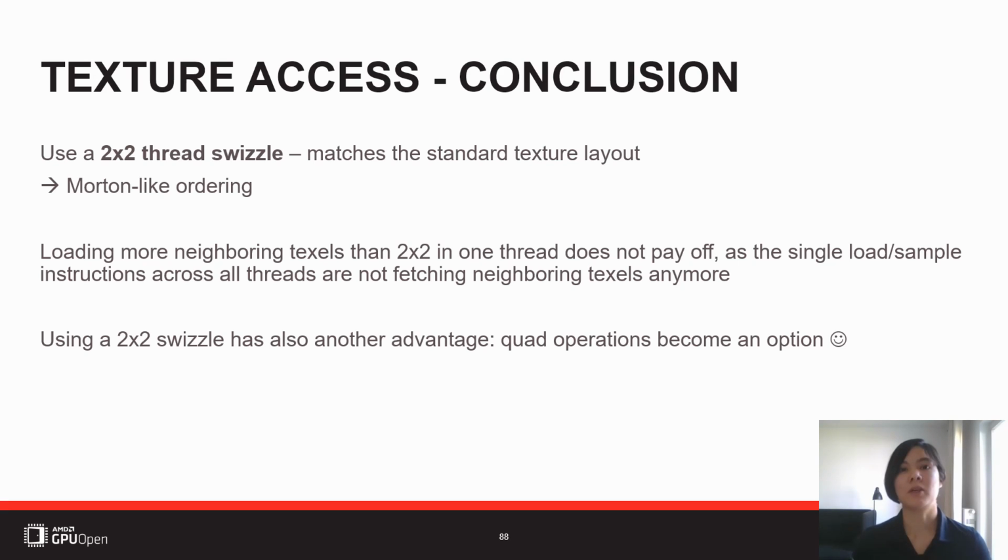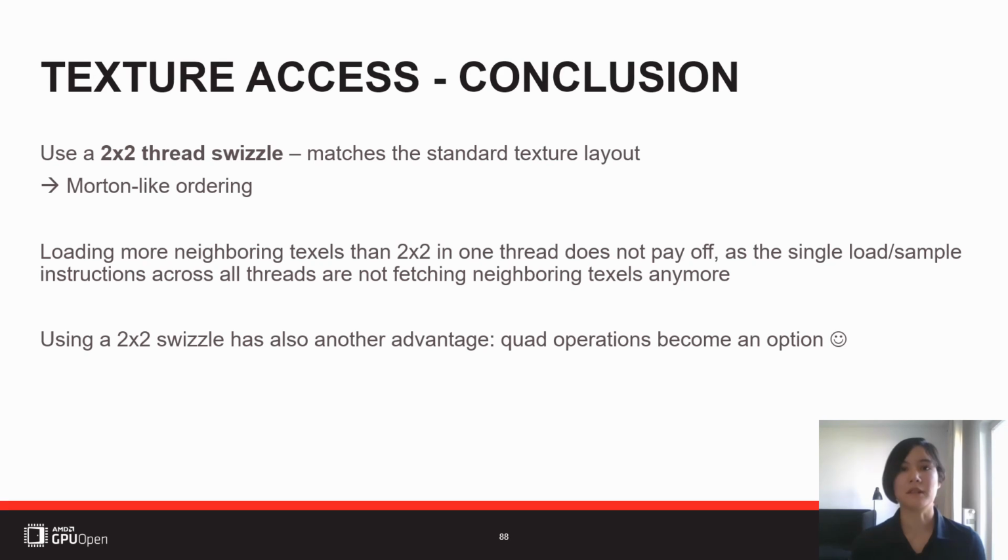If you look at the whole thread group, you are loading consecutive data, like neighboring pixels, within a single instruction. But if you increase this quad to 4x4, we don't have this anymore, because we now need 4 single sample instructions to load all this close-by data, and then you get worse cache behavior.